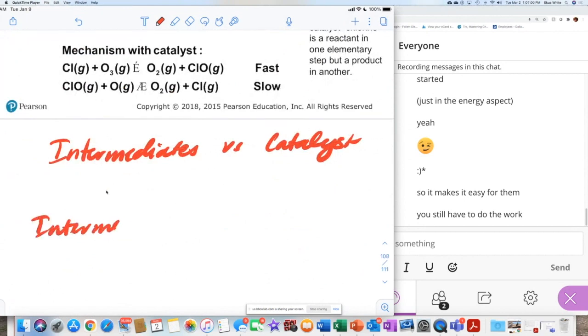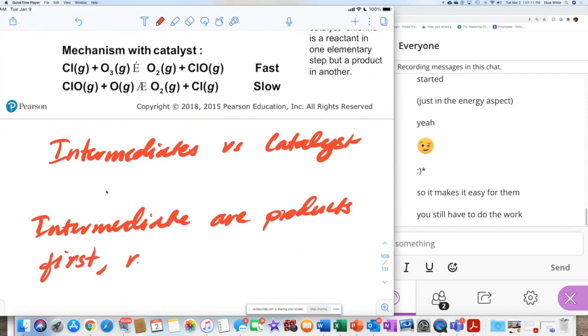Intermediates, if I can spell, are products first, reactants second. Okay, so this is the way I remember them, and this is how I identify them.